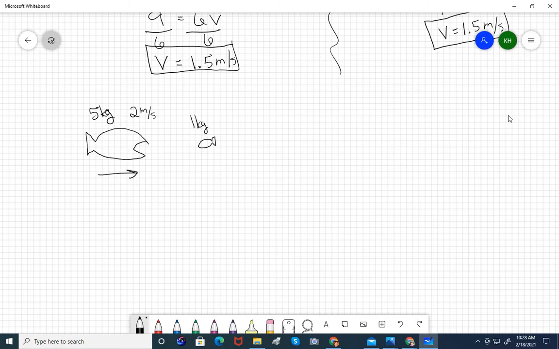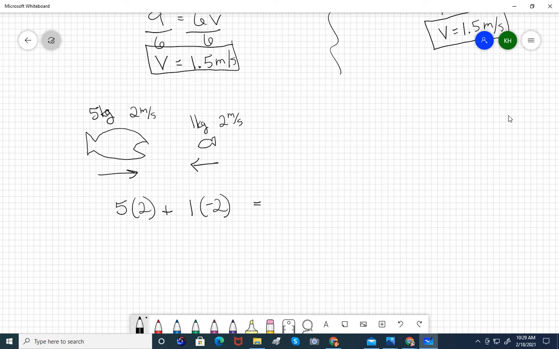And this time, my little fish is swimming 2 meters per second this way. Think before lunch momentum equals after lunch momentum. Before lunch, I have 5 times 2 for the big fish. And I have 1 times -2 for the little fish.